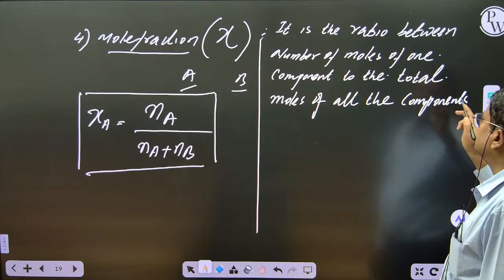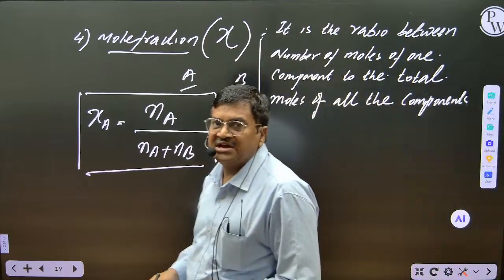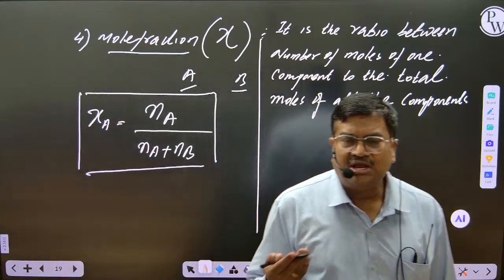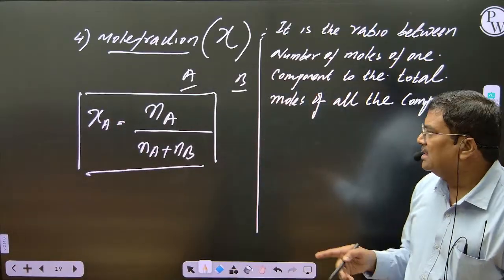Understood, students? So simple, it is what we define for mole fraction. It is the ratio between the number of moles of one component to the total, all the moles present in the entire solution that you have to consider.